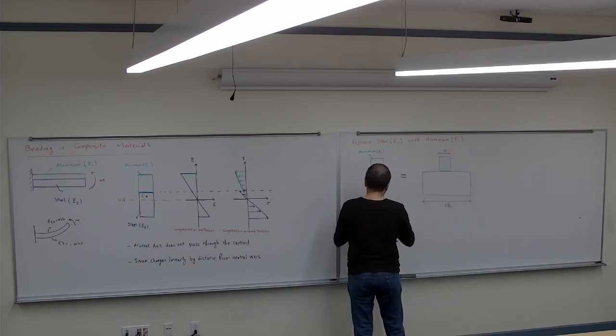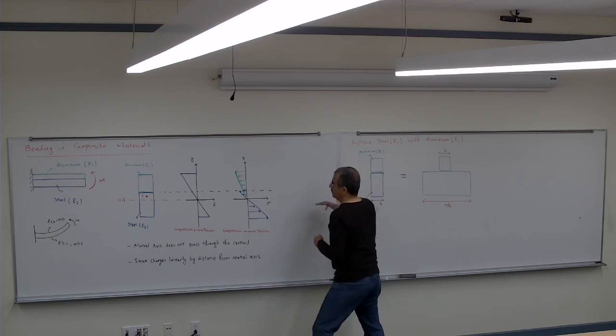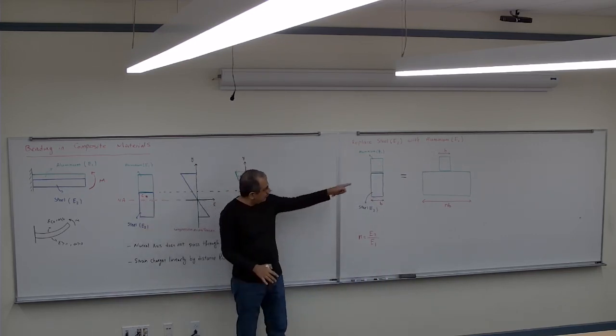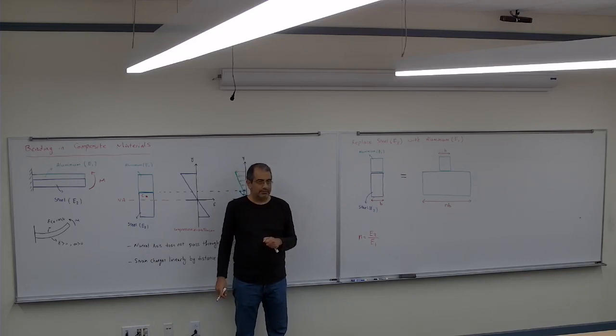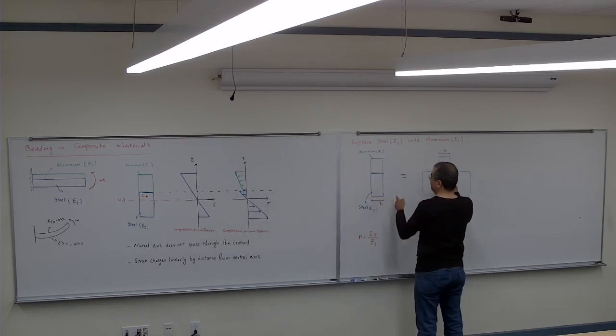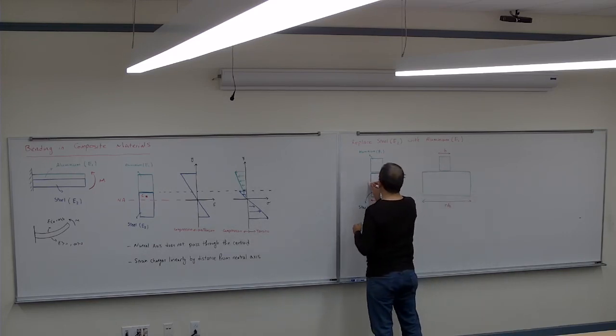The neutral axis, which we said we don't know where it's going to be, we assume the neutral axis passes here. That neutral axis passes through the centroid of the new cross section. First, let me draw it.